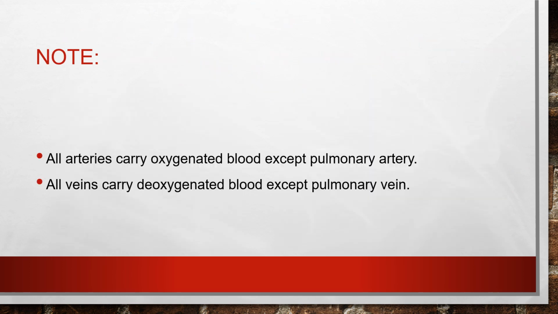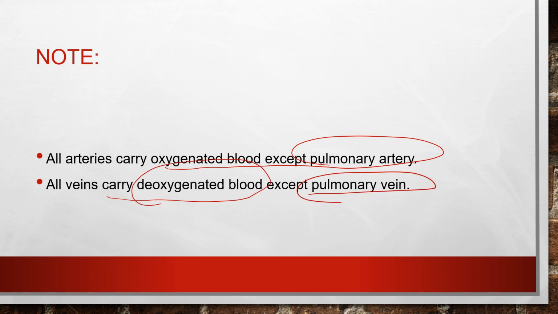One important thing to note here is that all arteries carry oxygenated blood except the pulmonary artery, and all veins carry deoxygenated blood except the pulmonary vein. All the arteries in our body are meant to carry oxygenated blood, that is the pure blood, except the pulmonary artery, which carries impure blood.